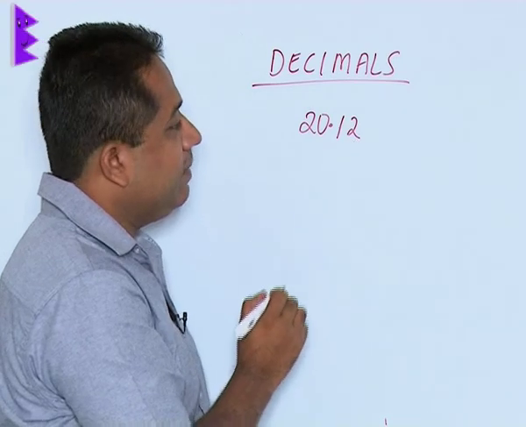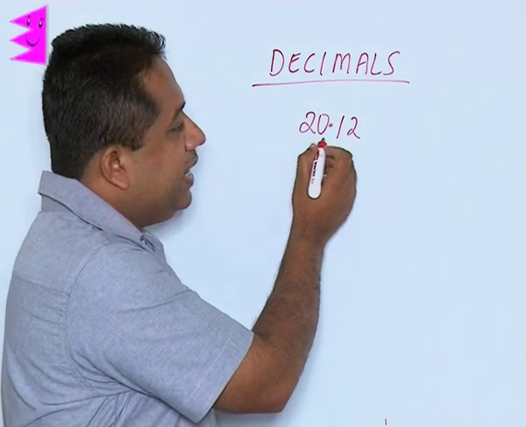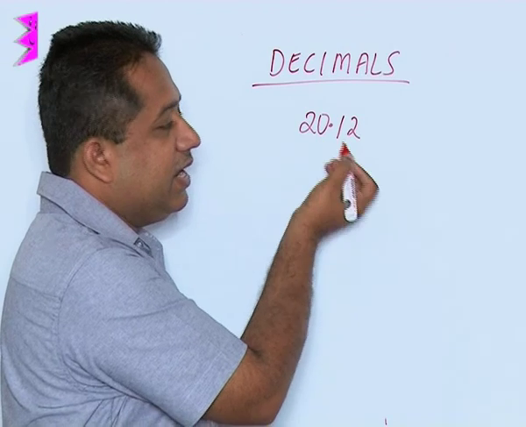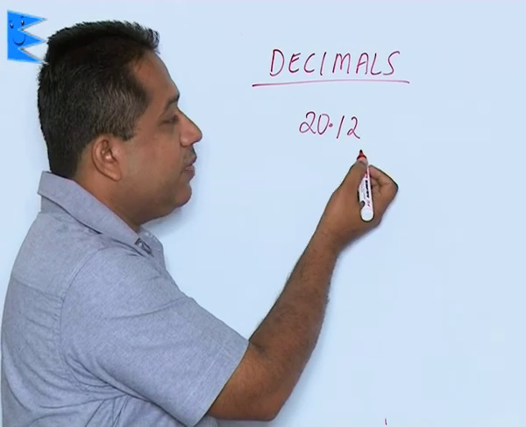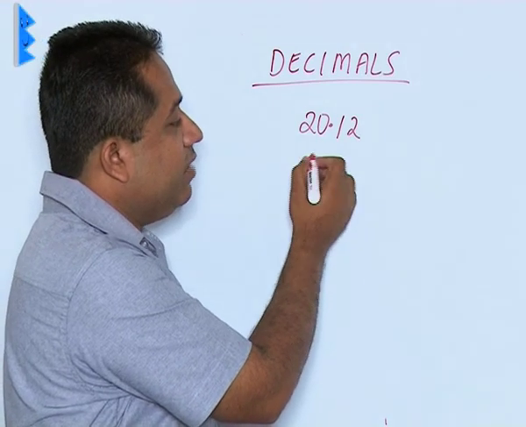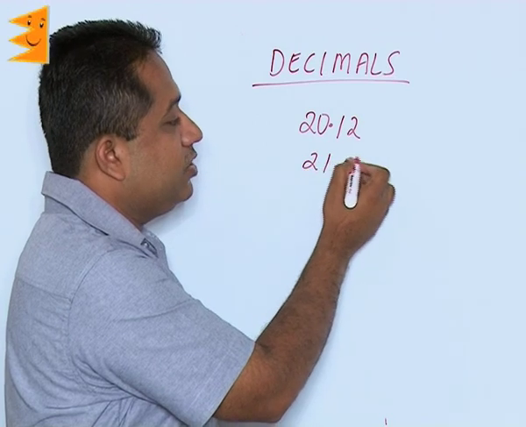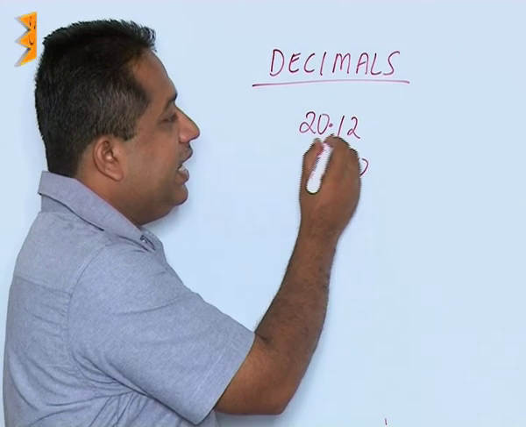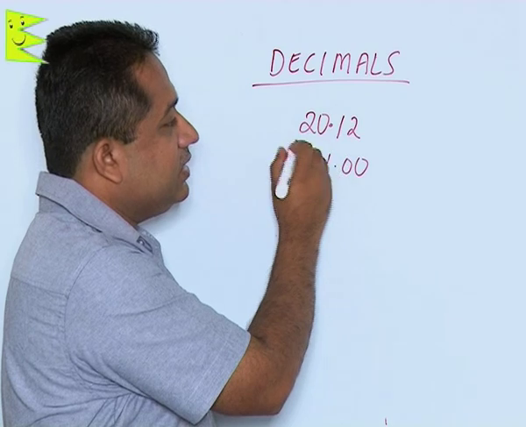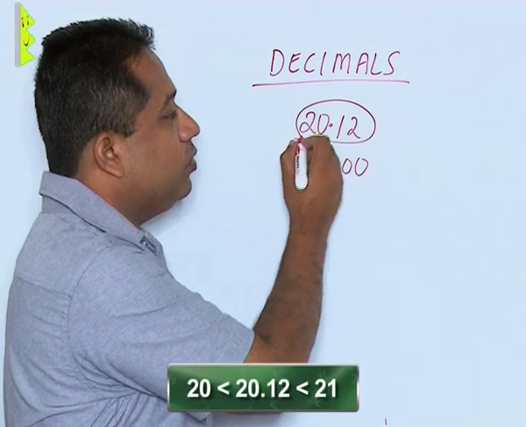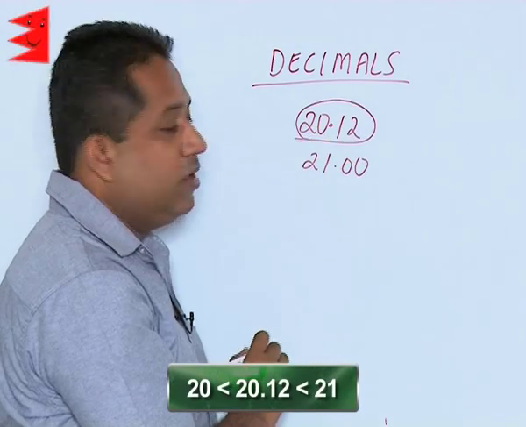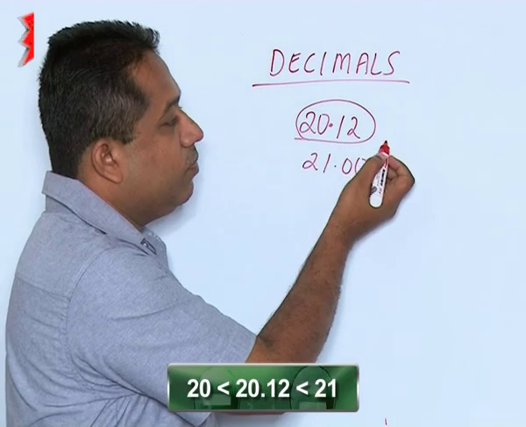It means that the number 20.12 is slightly greater than 20, but it is not 21. The moment it is 21, it is 21.00. So, 20.12 implies that this number is greater than 20, but it is less than the next whole number 21.